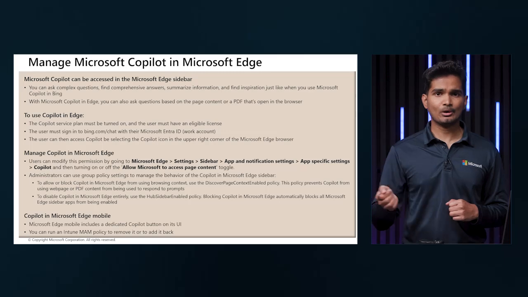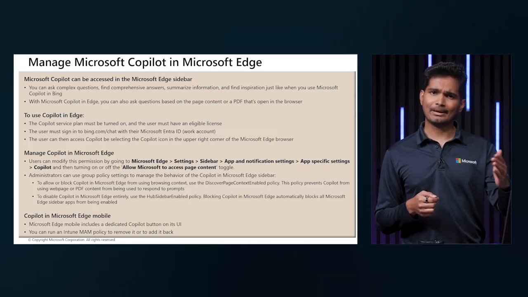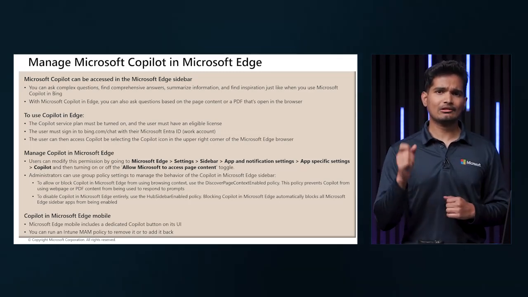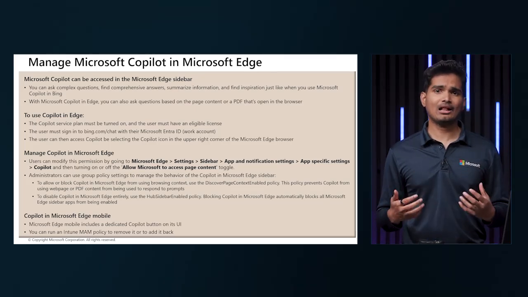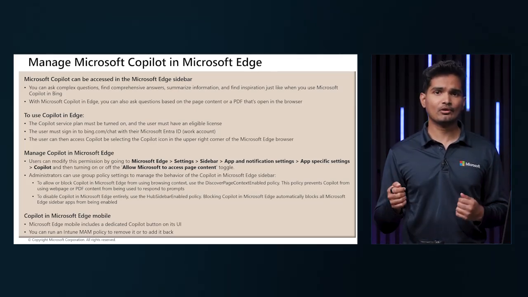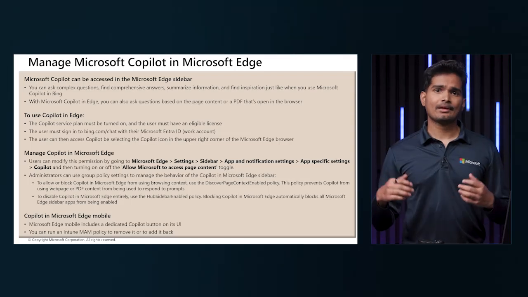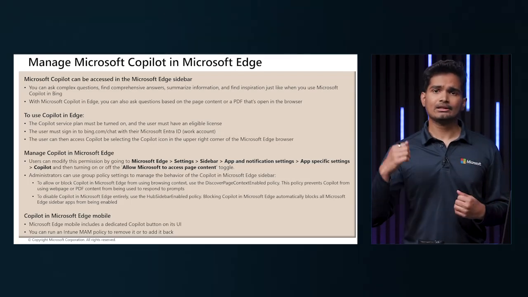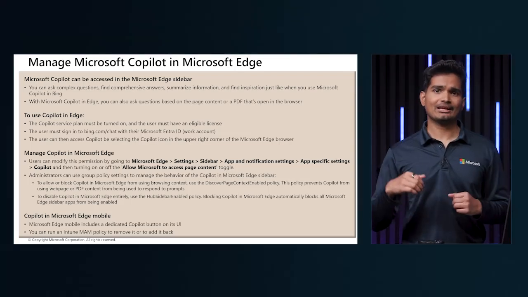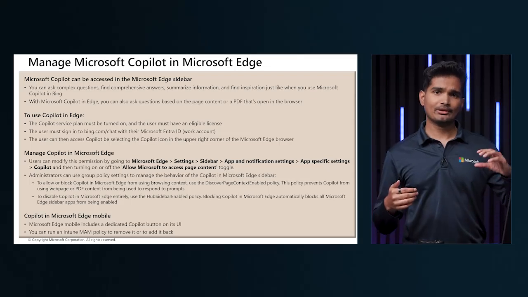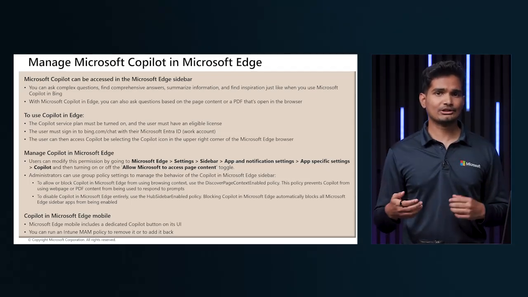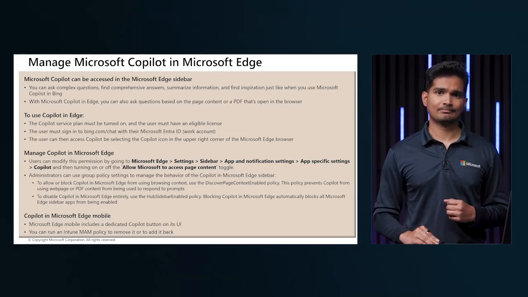Copilot in Microsoft Edge Mobile: Microsoft Edge Mobile includes a dedicated Copilot button. An Intune MAM policy can be used to remove or add this button. This helps streamline using and managing Microsoft Copilot in both desktop and mobile versions of Microsoft Edge.